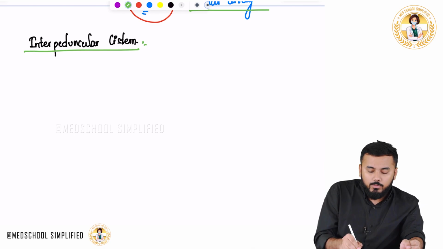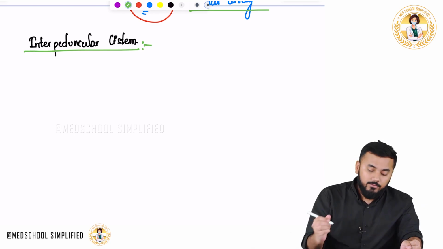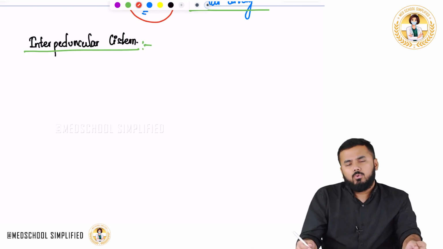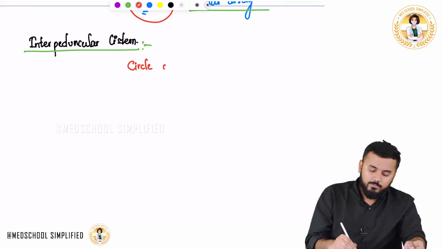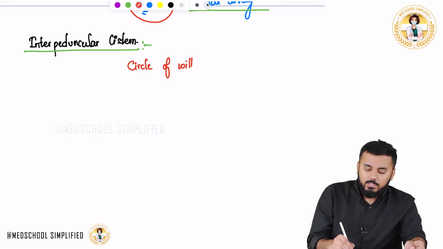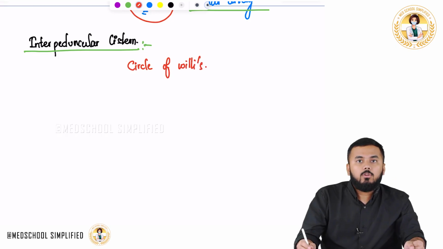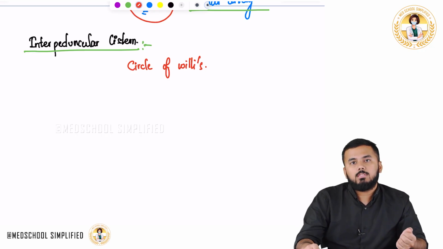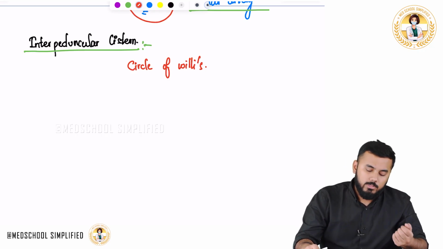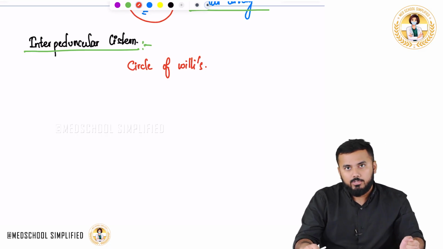Okay, now what do you mean by interpeduncular cistern? Within this interpeduncular cistern, there is only one structure you need to remember, that is your circle of Willis. Where is actually circle of Willis located? It is floating in the CSF, right? Where is the CSF? CSF is present in the subarachnoid space. So circle of Willis is present in the subarachnoid space.